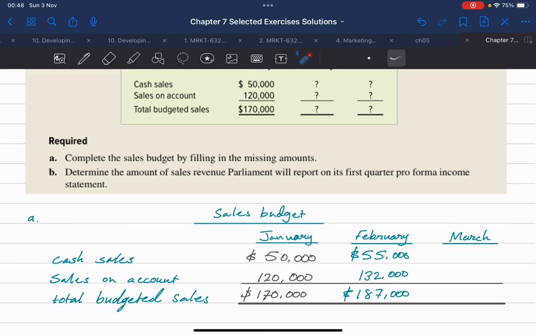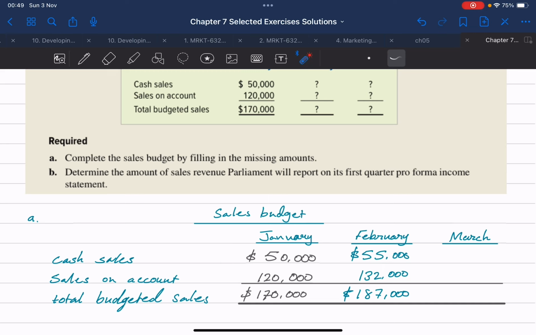So I find the ratio: 50,000 divided by 170,000, multiplied by 100, gives us 29.412%. That means cash sales represent 29.412% of the total budgeted sales.